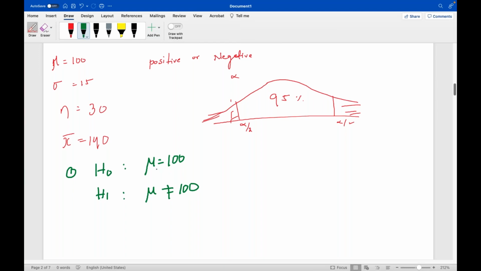Previously the reality is the mean is 100. If I follow that particular diet, the mean can be affected, meaning not equal to 100. With which kind of test should I go? Since I want to find out whether it increases or decreases, I have to go with a two-tailed test.